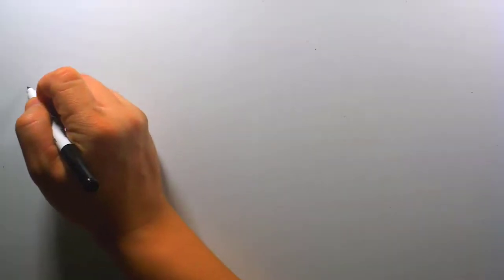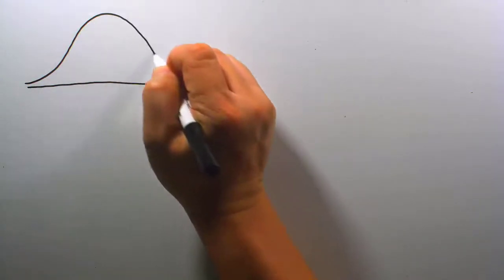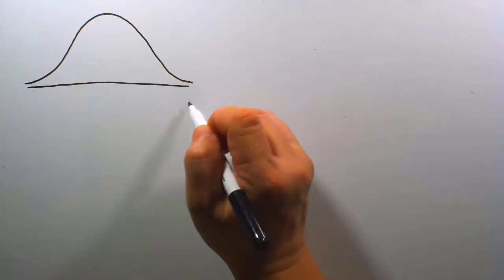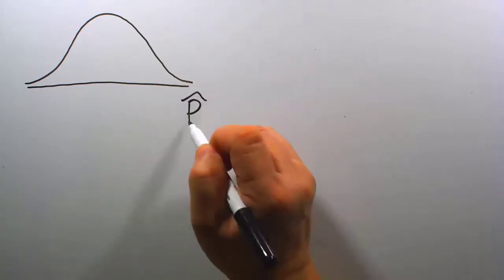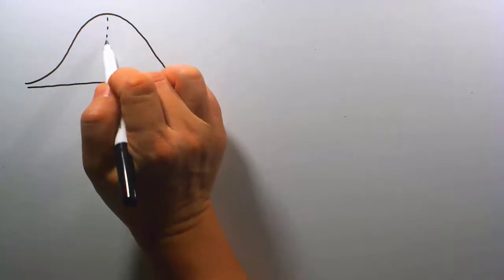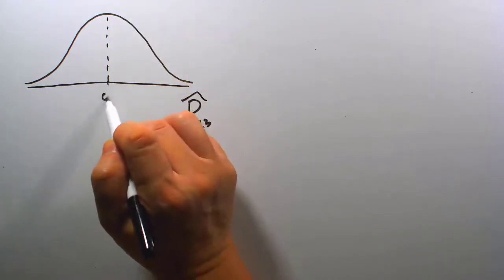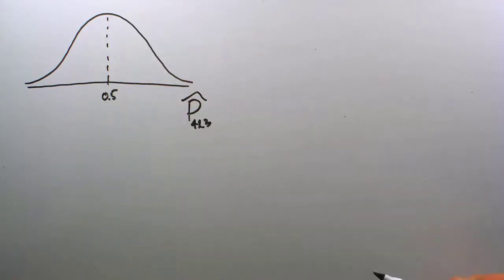Now back to example 4 on our actual bell curve representing the sampling distribution, or simply the distribution of all sample proportions at size 423. We already knew that if the claim in the null hypothesis was true, then we would have a center on this bell curve at 0.5.